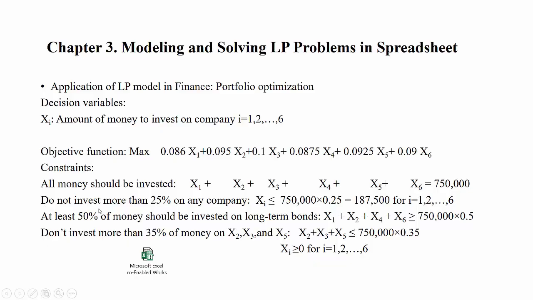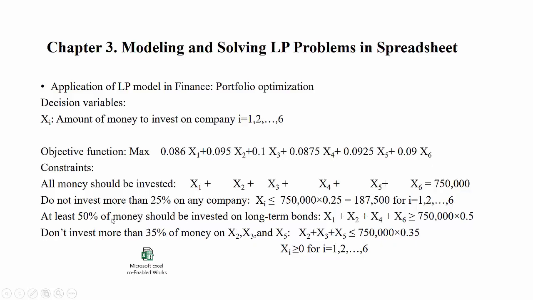And then I cannot invest more than 25% in any company or any asset. So each xi should be less than 750,000 times 25% of the money. So the amount I can invest in each asset should be less than this value for all of the assets I have.